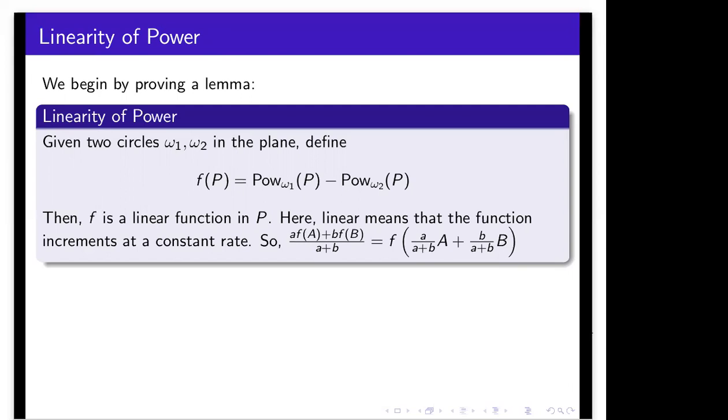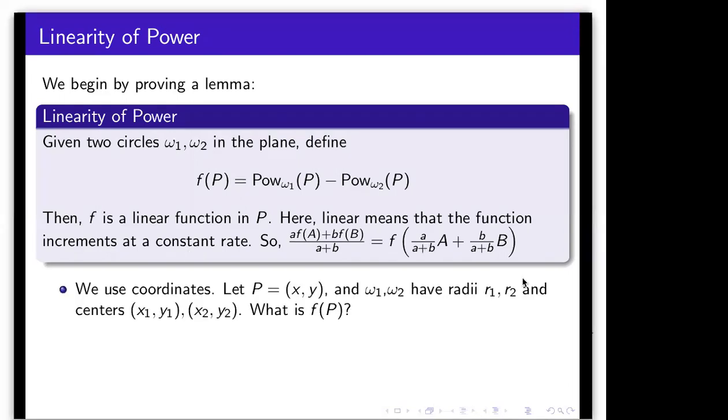And this is actually quite a straightforward application of coordinates, similar to how radical axis was originally proven. And there'll be a full solution inside the handout, but for now, let's just quickly breeze through it.